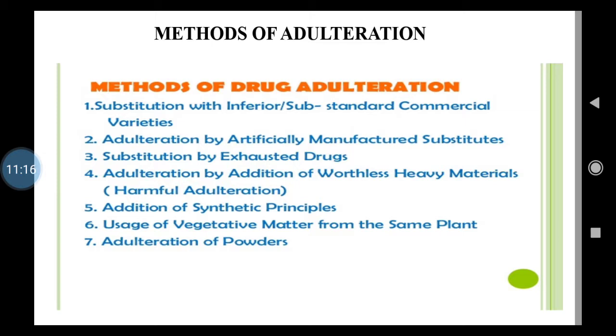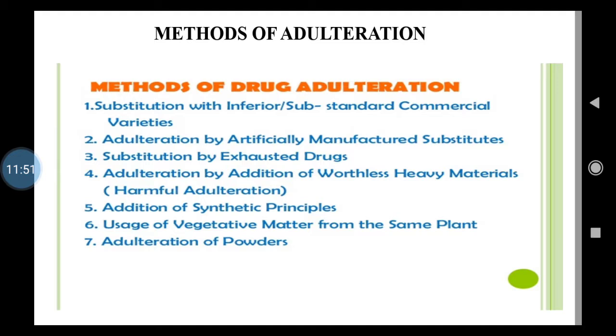The different methods of drug adulteration: one is substitution with inferior or substandard drug. Then adulteration by artificially manufactured substitutes. Then substitution by exhausted drug. We will try to understand each method with the help of examples.